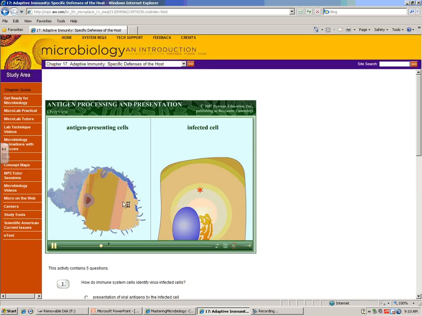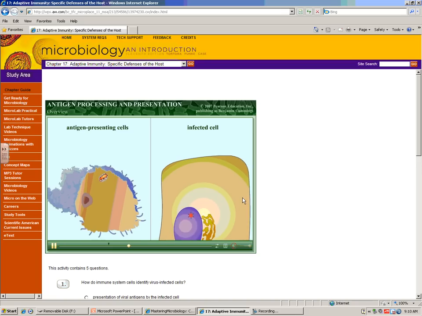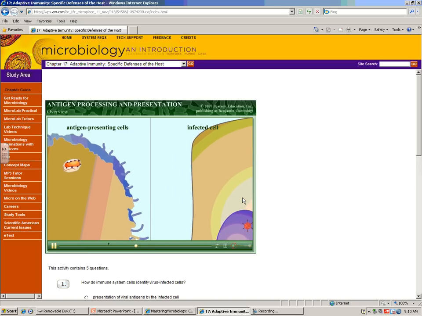Both of these cell types, your human cell infected with the virus and the phagocytic cell, once they have the pathogen inside of them, the cell responds by taking a piece of the antigen, a piece of that pathogen, and putting it on the surface. It is presenting that antigen, that piece of the microbe.